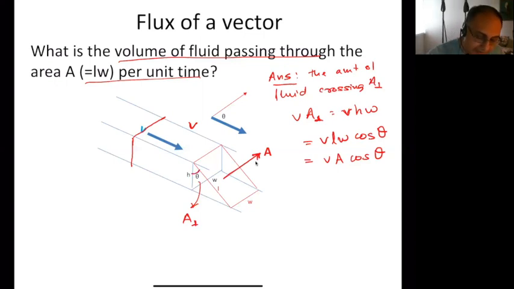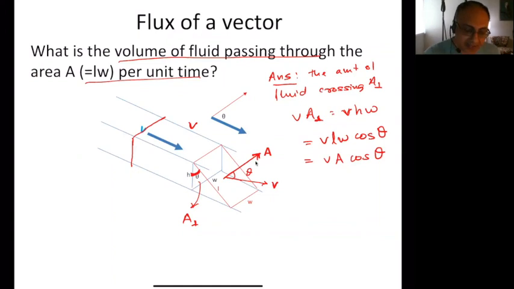Theta is this angle. Now, from geometry, if theta is the angle between H and L, theta will also be the angle between V and A, because V is going to be in this direction. Theta will also be the angle between V and A. That's just a geometrical fact, right?